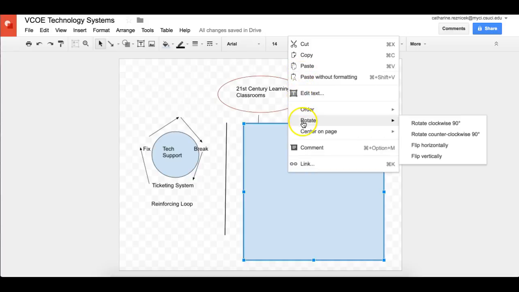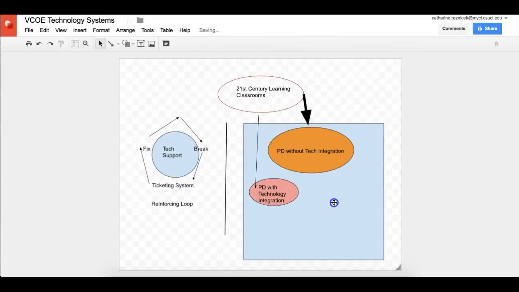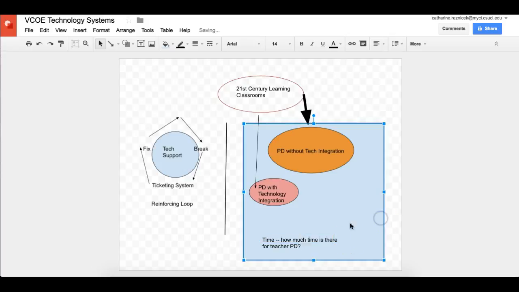And I'm going to send this to the back because it's really in the background, because the mitigating factor here is time. How much time is there for teacher PD? And how much time is spent for teacher professional development?